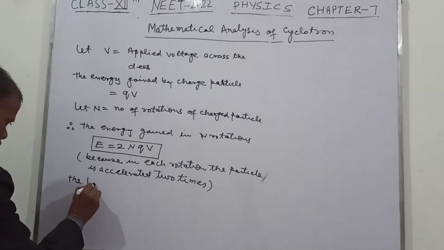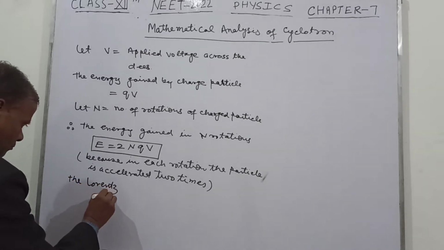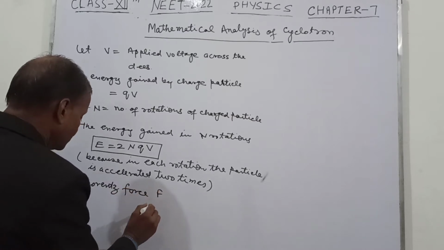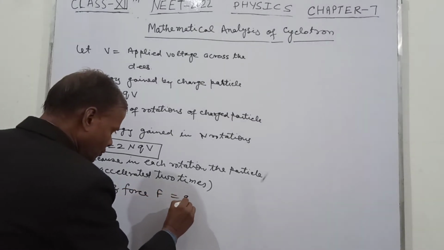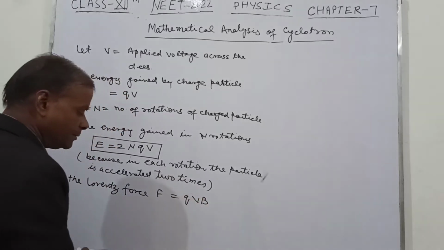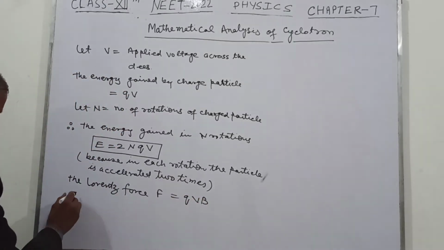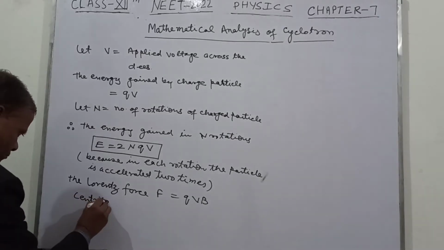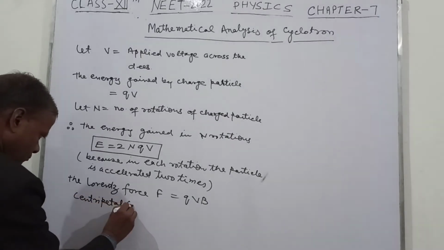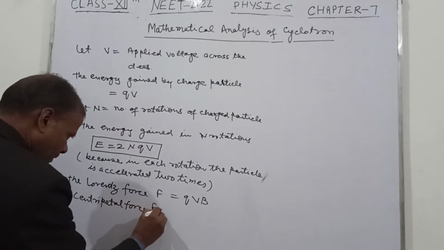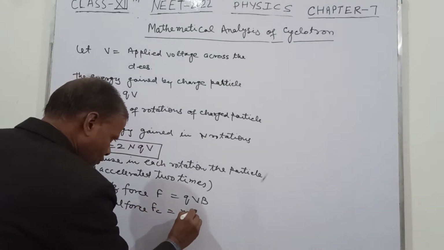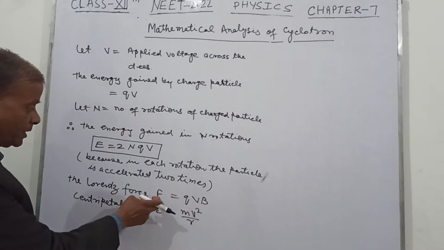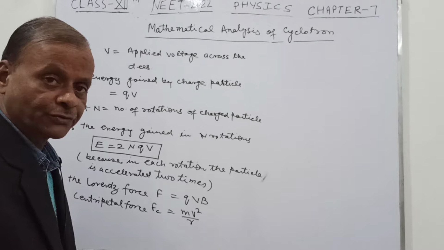The Lorentz force F equal to QvB, and the centrifugal force Fc is equal to mv square upon r, because this centrifugal force is provided by the Lorentz force.